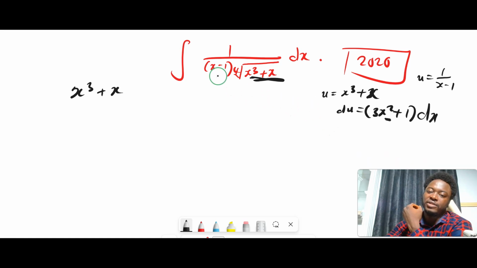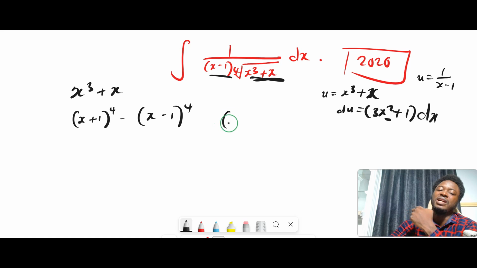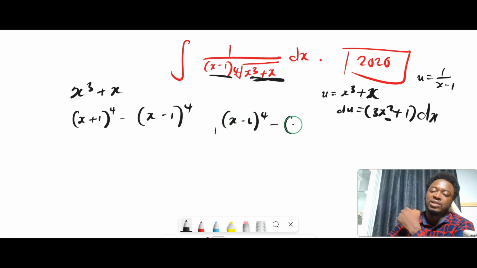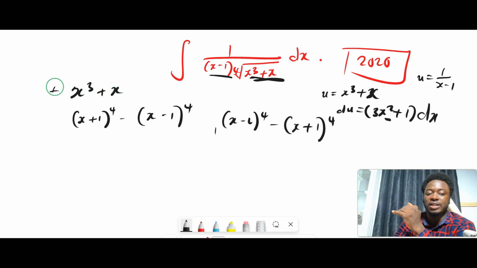Because of the x minus 1 here, it is natural for us to try x plus 1 to the fourth and subtract from it x minus 1 to the fourth. Or maybe we do x minus 1 to the fourth and subtract it from x plus 1 to the fourth power, and at least one of them should give us this, but they are both basically the same. So you either get a plus this or minus this.